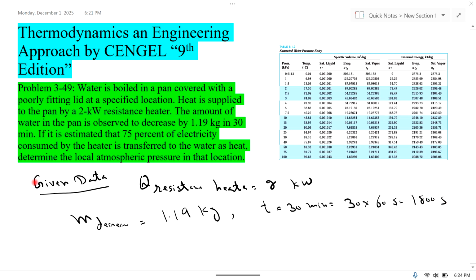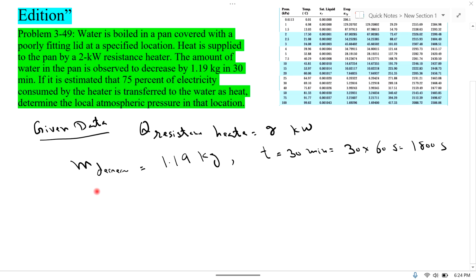If it is estimated that 75% of the electricity consumed by the heater is transferred to the water as heat, it means this is the electric efficiency, which is equal to 75%, which is equal to 75 divided by 100, which is equal to 0.75.